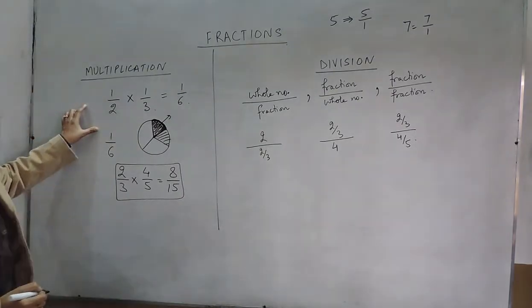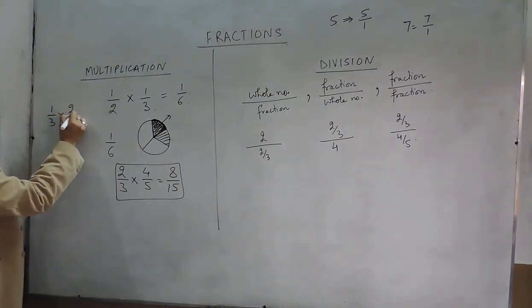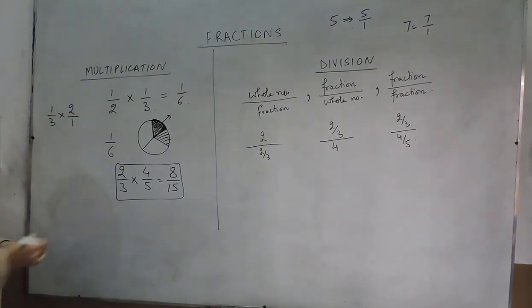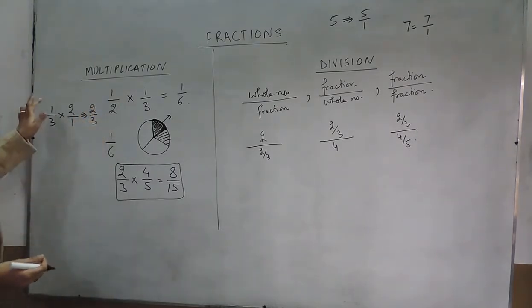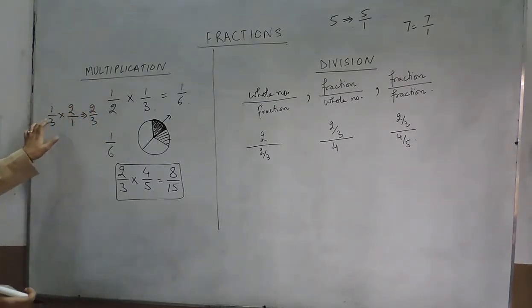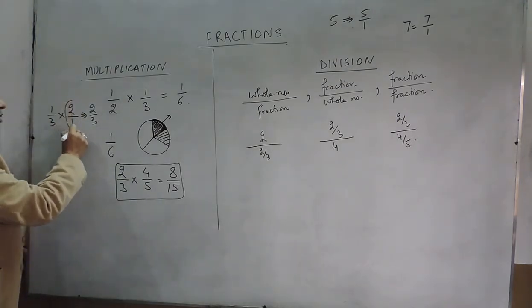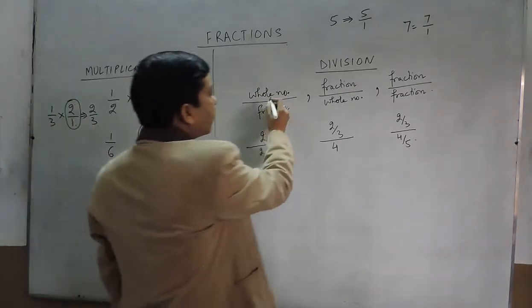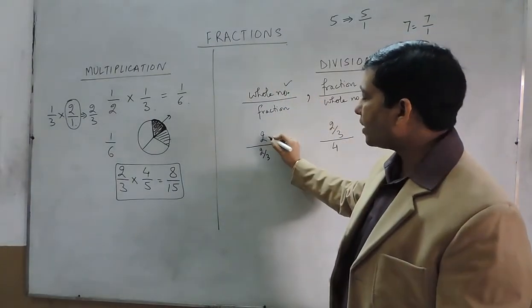Now, if 1 upon 3 has to be multiplied by 2, this 2 can be treated as 2 upon 1. So the multiplication comes out to be 2 upon 3. As I told, the numerator is multiplied by the numerator and the denominator by the denominator. So all whole numbers can be treated as 2 upon 1. Here also we can do the same because the numerator is a whole number.